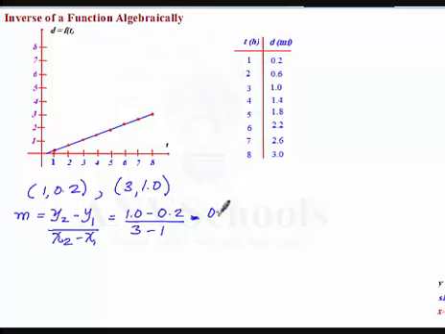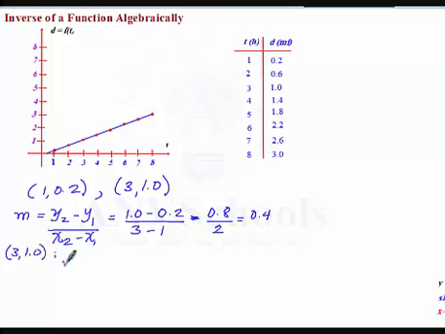We have a value which is 0.8 over 2, and that slope is just equal to 0.4. Now choosing 1 point, let's say 3 and 1.0, because I want my work to be a lot easier.